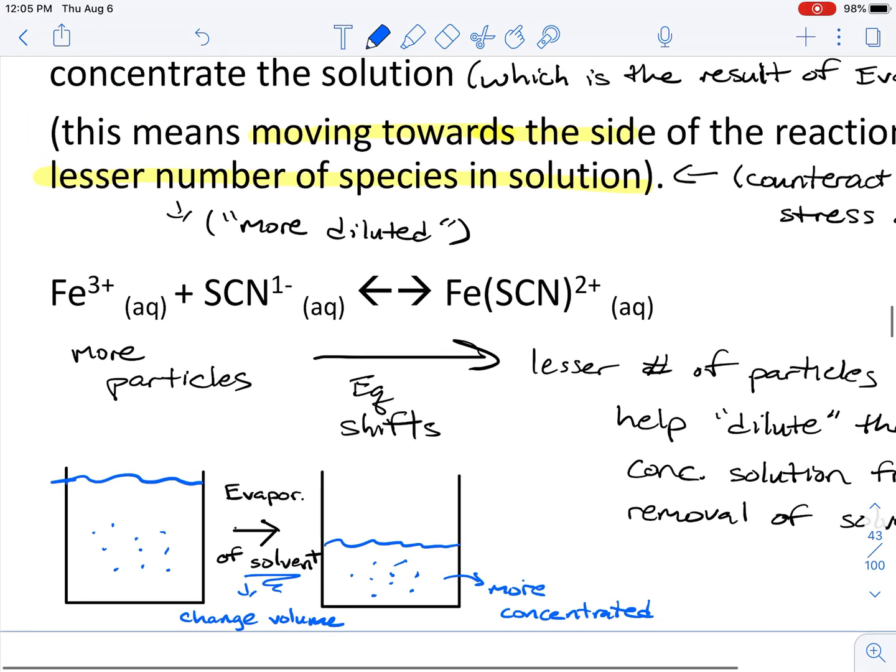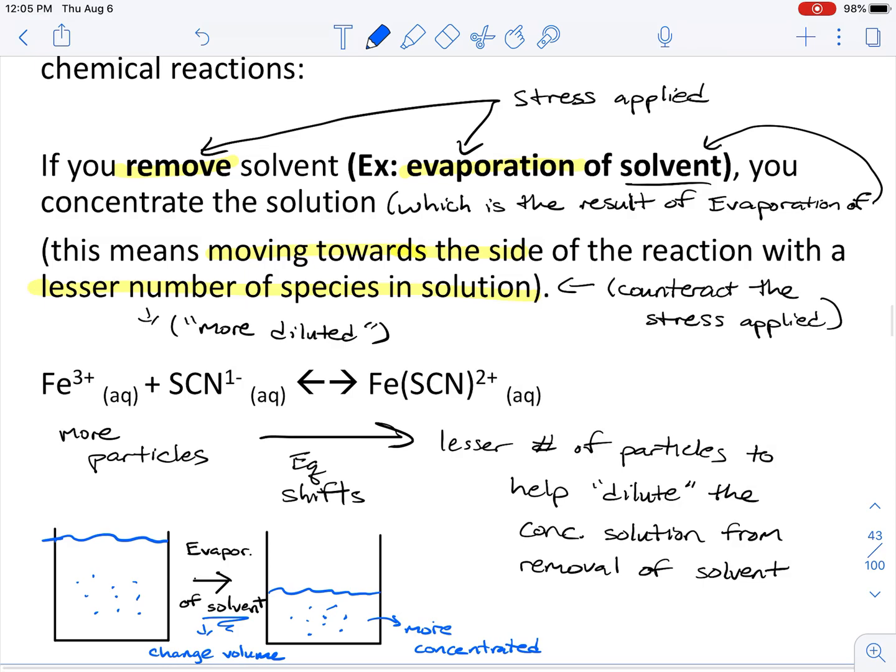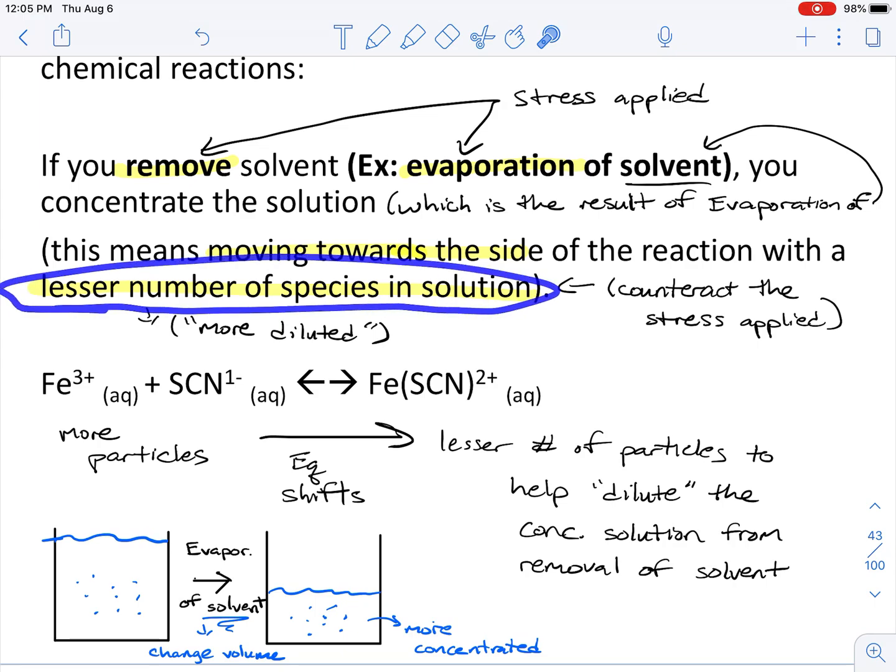And so when this happens, Le Chatelier's principle tells us that to counteract the stress that was applied, in this case the evaporation of the solvent, the chemical system will shift the position of the equilibrium to favor the side that contains the lesser number of species in that chemical reaction.